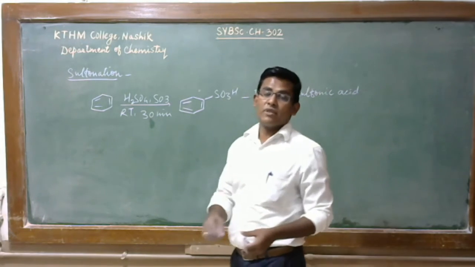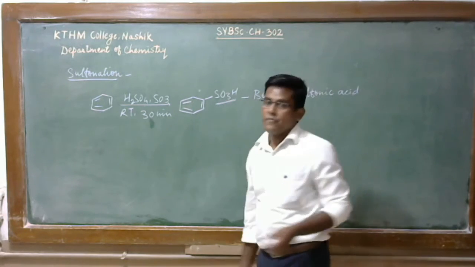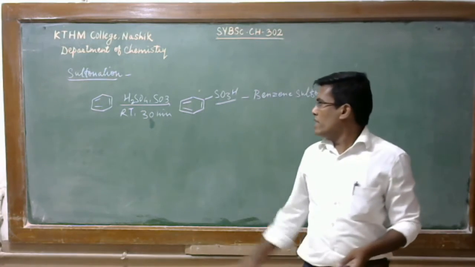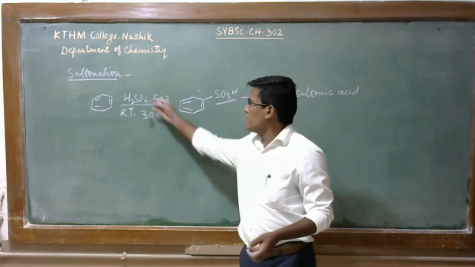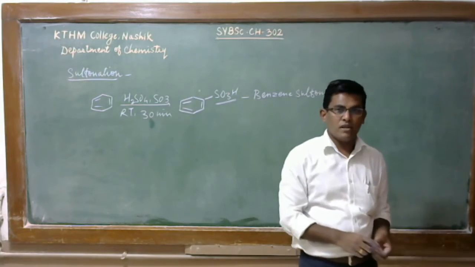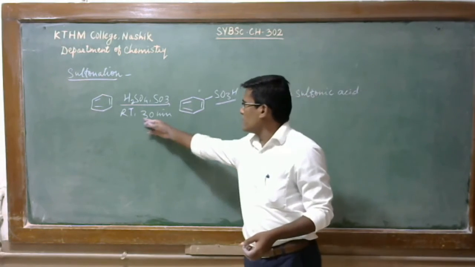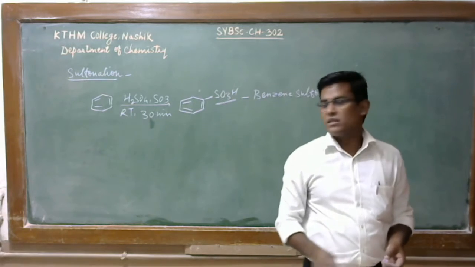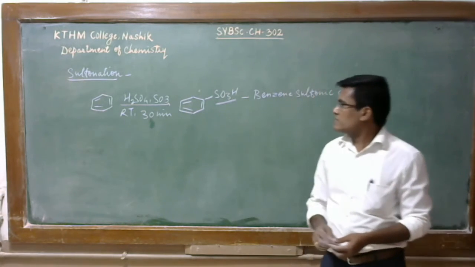So one hydrogen will get replaced with this SO3H group. When benzene reacts with the fuming sulfuric acid, a mixture of SO3 and H2SO4, at room temperature, within 30 minutes we would get this benzene sulfonic acid as a product.